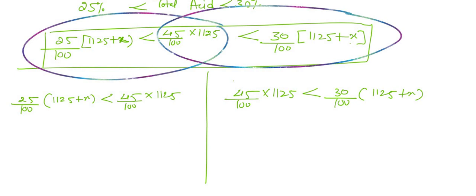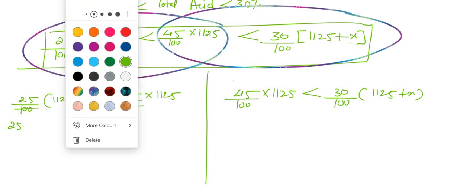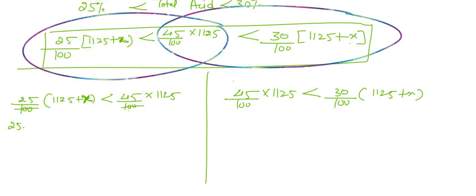Fine. Now for the solution, this is same, 100 will cancel. Can we simplify further? So we can write 25 into, don't mix it with x. Okay, if I write big X, after some time this cross and this x will get mixed. So always be careful when you have to multiply along with x, write it into. 1125 plus 25x less than 45 into 1125.